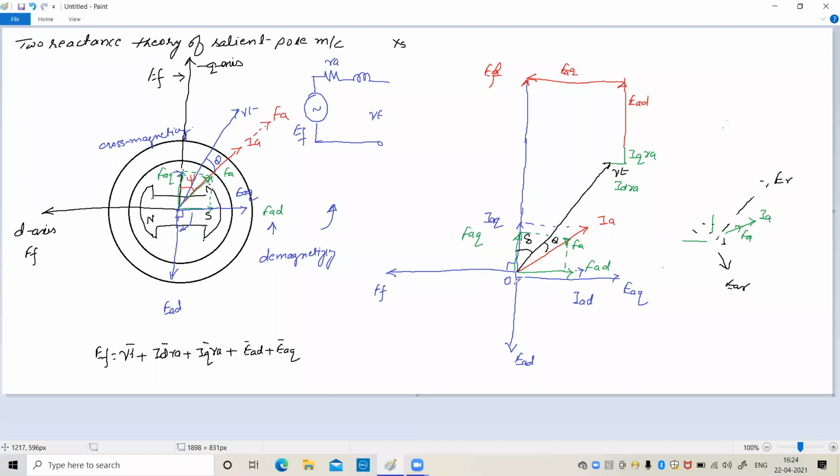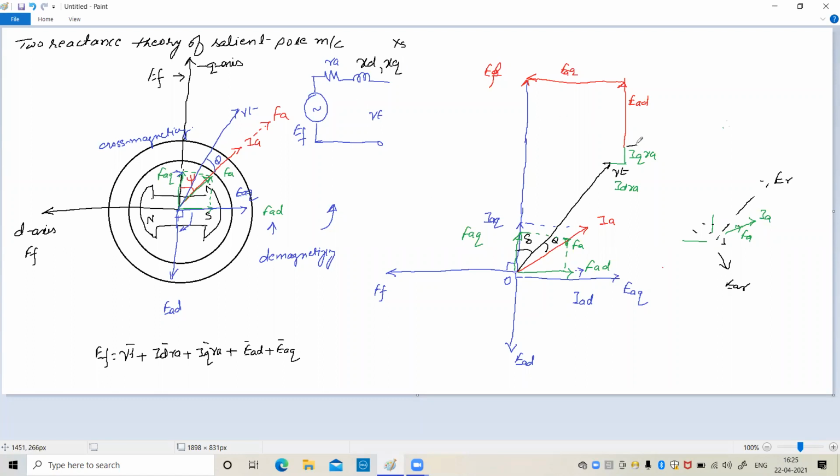Now for this current ID, there are two reactances, one along the direct axis and one along the quadrature axis. In the previous case only one reactance was sufficient, but here there are two reactances: the direct axis reactance and the quadrature axis reactance.